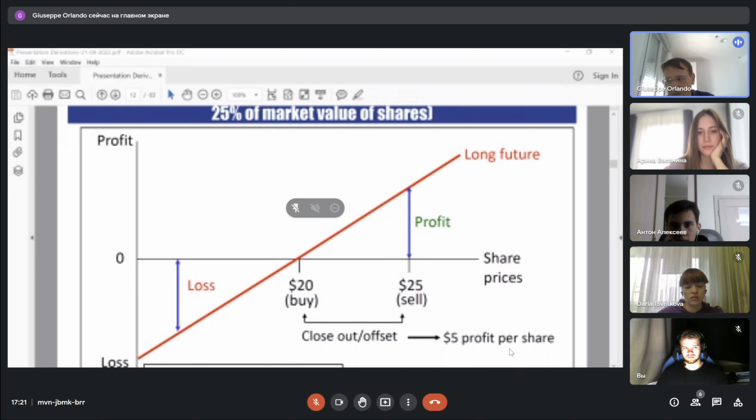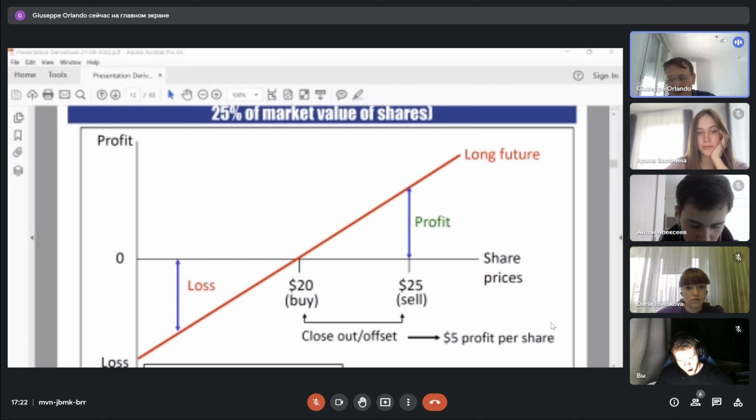It is a way to avoid accumulating too many losses. So every time there is a given increase in the value of the underlying, the counterparty that is losing money has to pay, in this case called the closeout offset, $5.